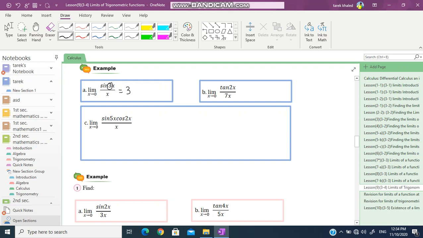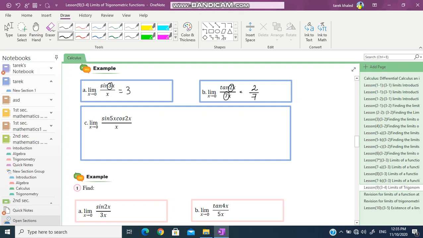Next, to use the theorem, find the limit as x approaches 0 of tan 2x over 7x. Tan 2x over x equals 2, the coefficient of the angle, over 7.